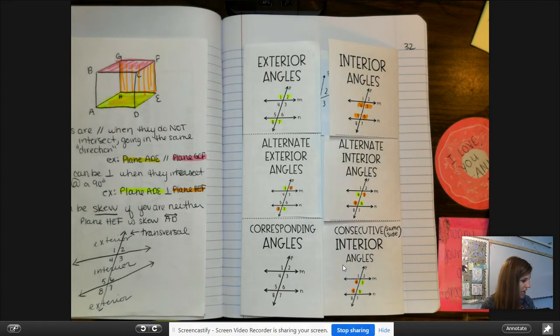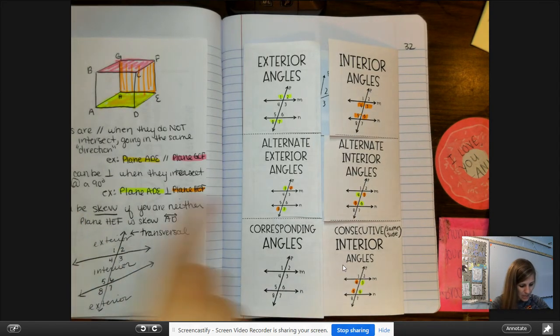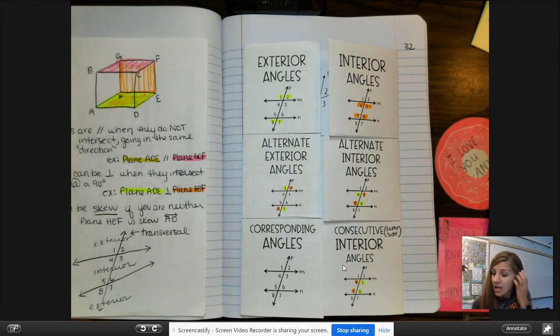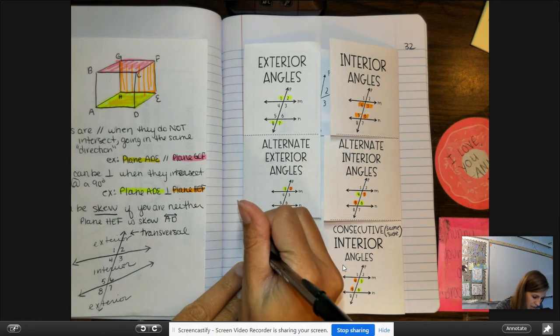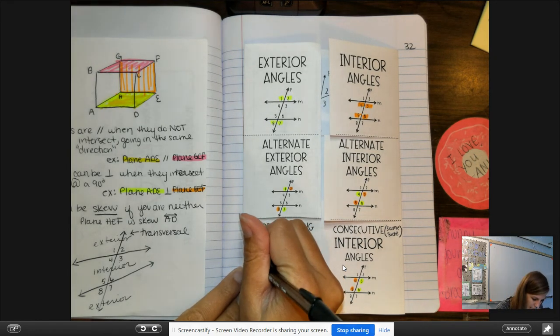Now last but not least, corresponding angles are kind of the weirdest ones, but they're very useful. So corresponding angles are angles that are in the same position compared to top and bottom.